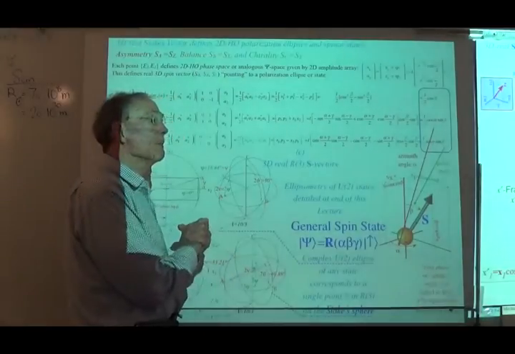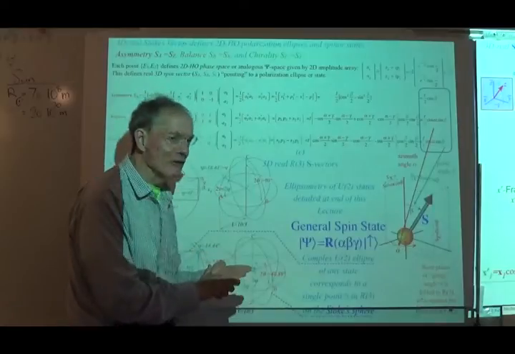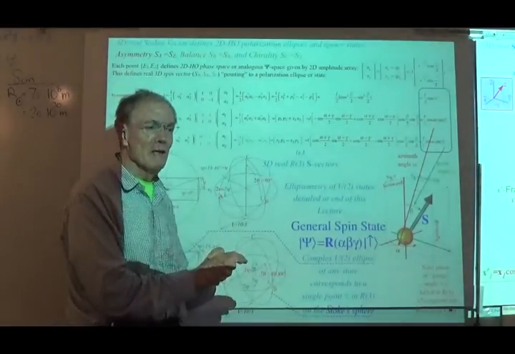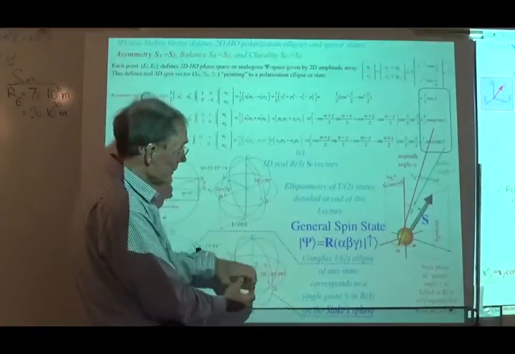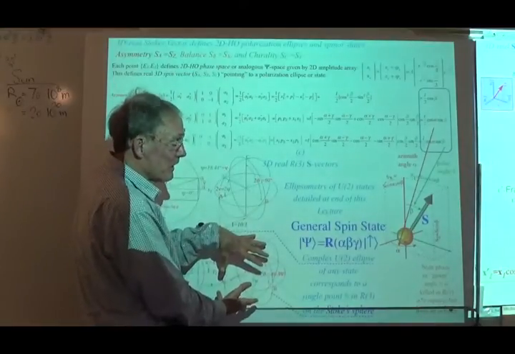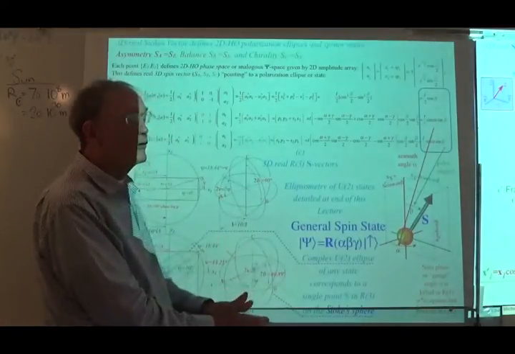Now that point, depending on how much noise you have in the system, or how depolarized your system is, this is where statistical mechanics comes in, is the size of the sphere. Now it can be out at the maximum, and in that case you're fully coherent. There's no loss due to decoherence.